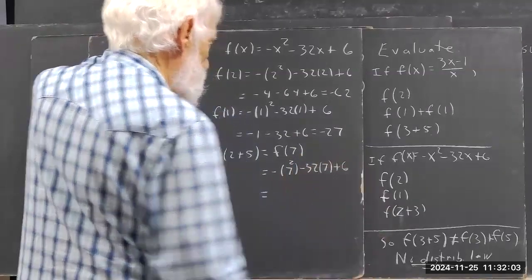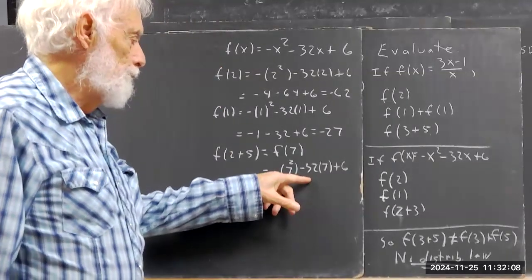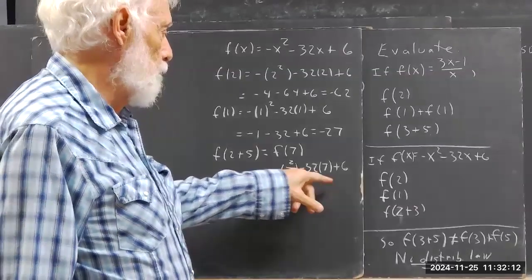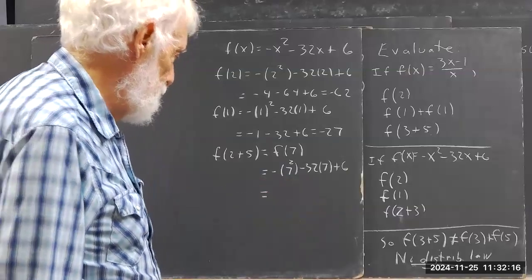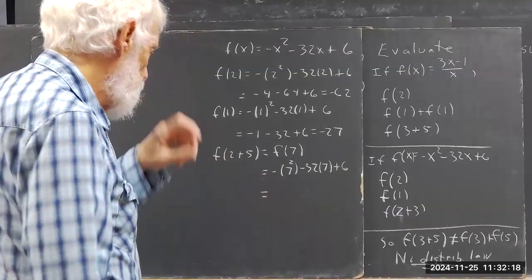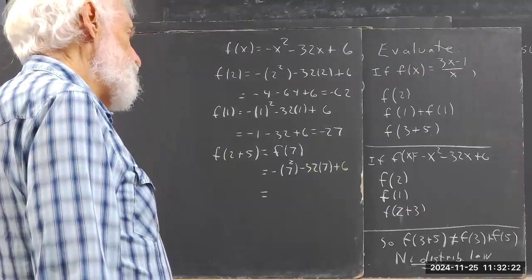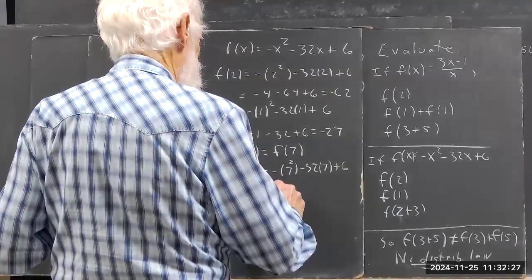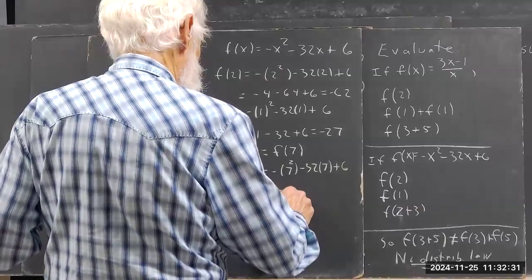Now, why did I make myself work out big numbers? Okay, well, it's all right. So that's 210 and 14 is 224. Negative 224 plus 6 is negative 218. And then I'm going to have a negative 49. And that's negative 266.